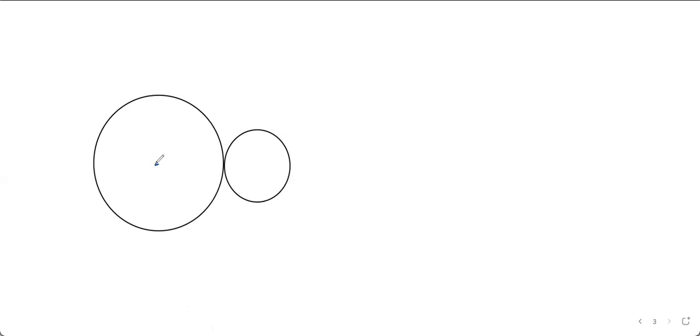Suppose this is a center and this is another center. So if I show the distance between the centers, maybe this. We can name the centers as A and B. So the distance between A and B is the distance between A and B. Then why am I saying that no, we need two distances? I am sure at least one of you will remember what is happening, what is missing.